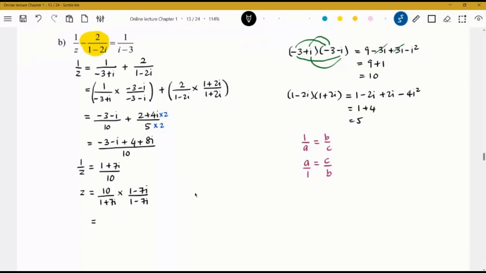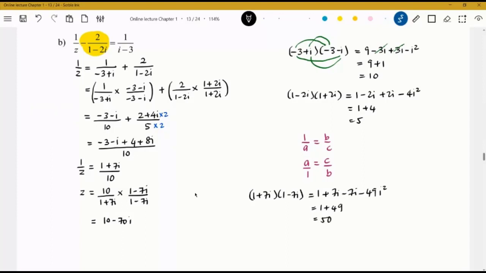Okay, so we end up with 10 minus 70I. So 1 plus 7I times 1 minus 7I. So will be 1 plus 7I minus 7I. So the last and last will become minus 49I square. So we have 1 plus 49, end up with 50.